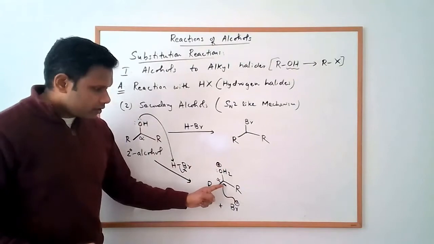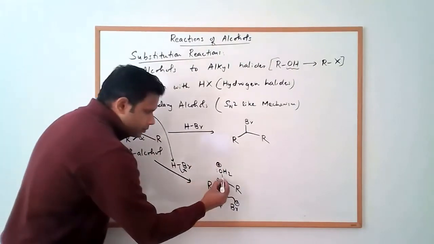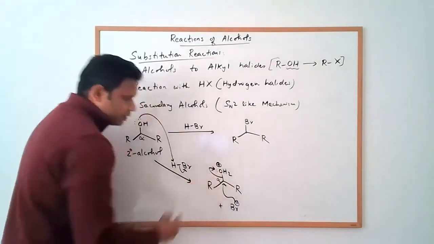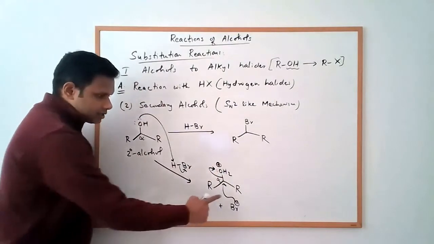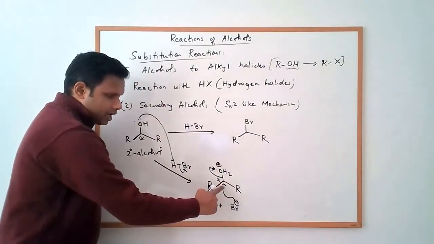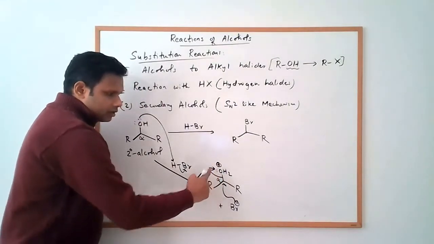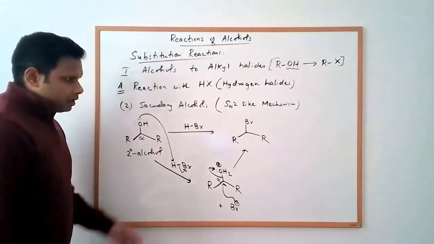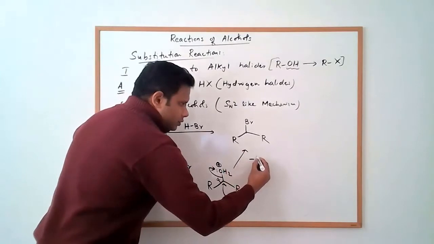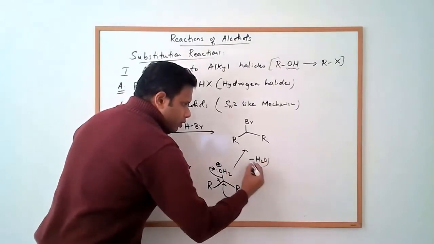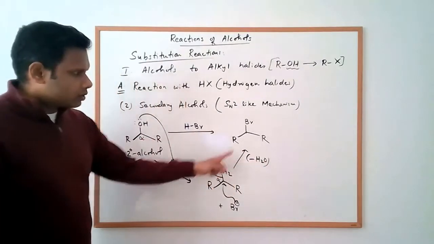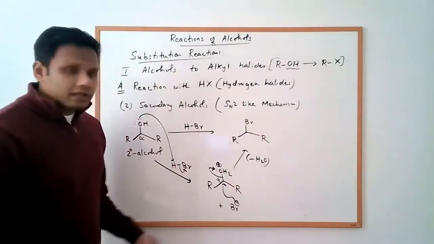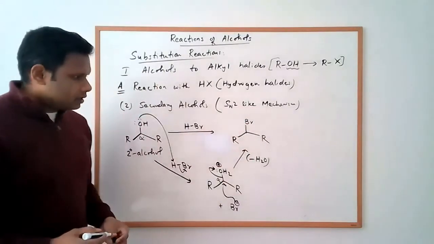The nucleophile attacks the alpha carbon, and the leaving group leaves simultaneously. So the attack by the nucleophile and the loss of the leaving group happen in one step. By the end of this, you lose a water molecule, and that water molecule comes out along with your alkyl halide.